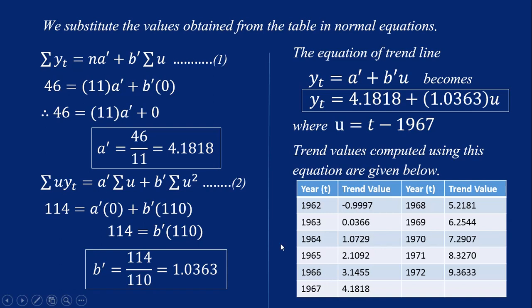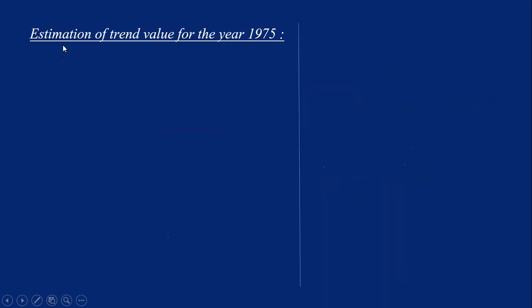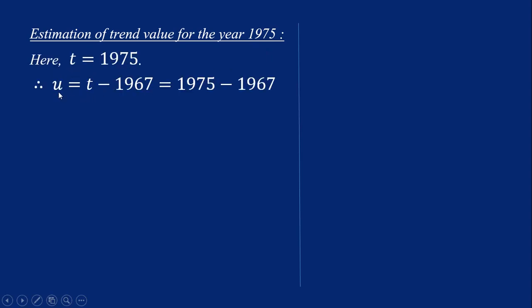Now we want to estimate or find the trend value for the year 1975. So here 1975 is the value of t. In that formula we have to substitute t is equal to 1975 and calculate the production. Here t is equal to 1975, therefore u is equal to t minus 1967. So in place of t we write 1975.